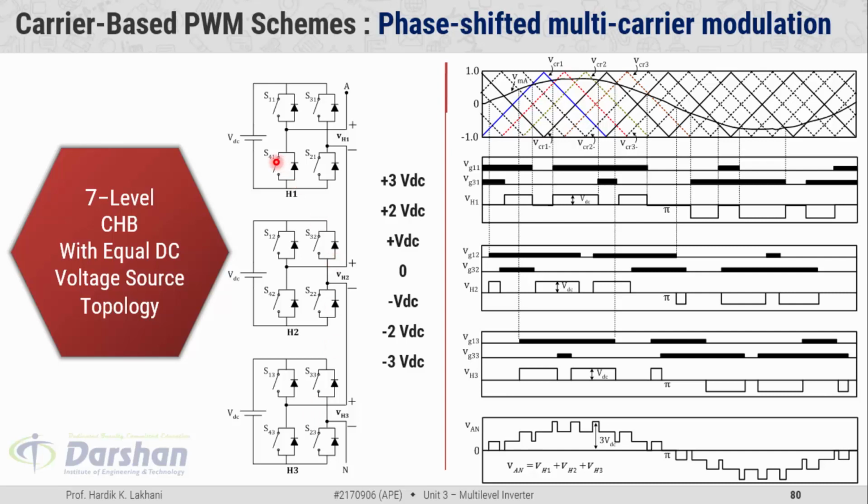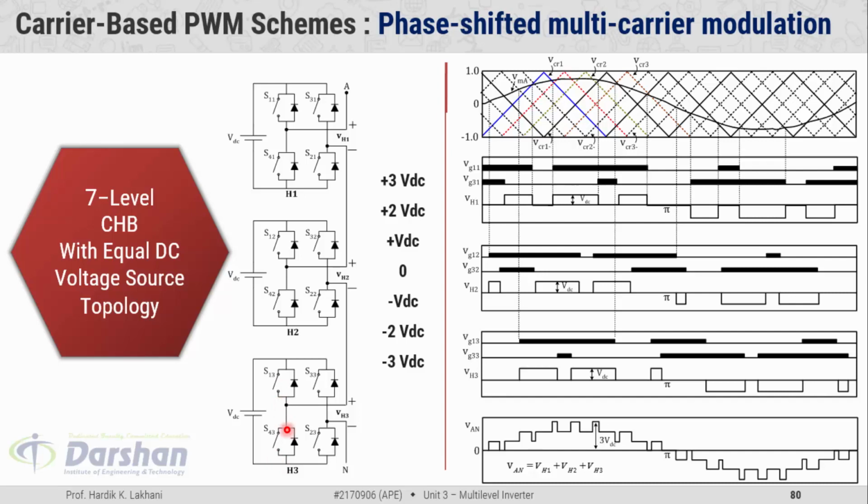The gating signals for all the lower switches in the H-bridge units are not shown because these lower switches operate in a complementary manner with respect to their corresponding upper switches.